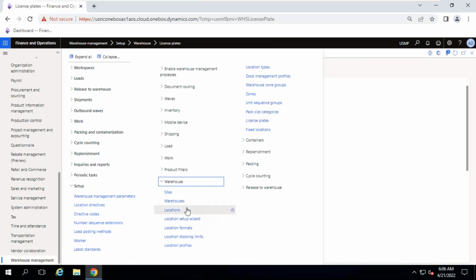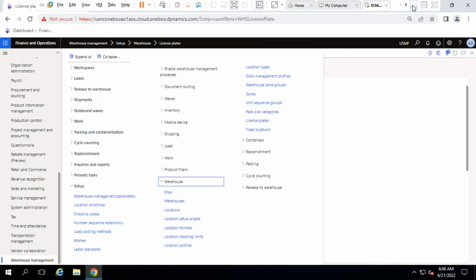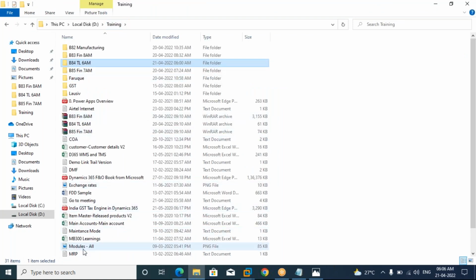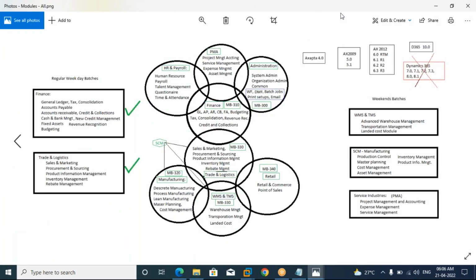License plates and location and all these things are part of warehouse management and transportation management. If you remember, warehouse management and transportation management are extra, and landed cost. These are separate. The landed cost module was introduced recently, almost 6 months to 1 year back.